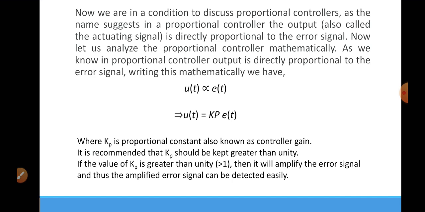If there are some plants which are not able to detect smaller values of error signal, these are sometimes neglected by the plant, and this can be avoided by using this proportional controller, which will increase the error signal in some multiples, and that will be given to the plant, and hence the plant will detect it and will take corrective action in its output. So therefore this is the use of your proportional controller.